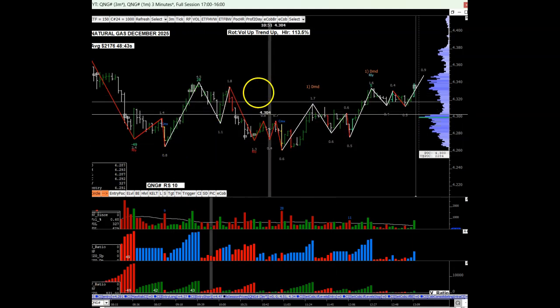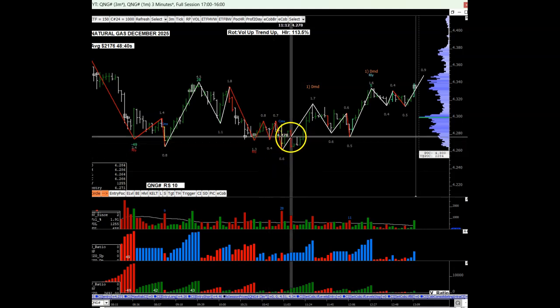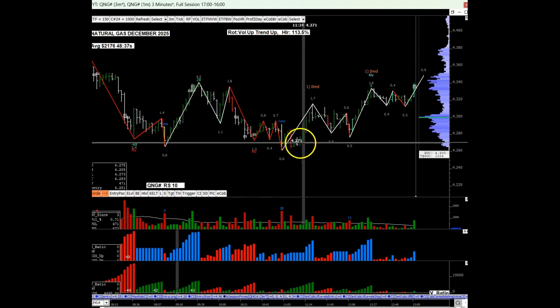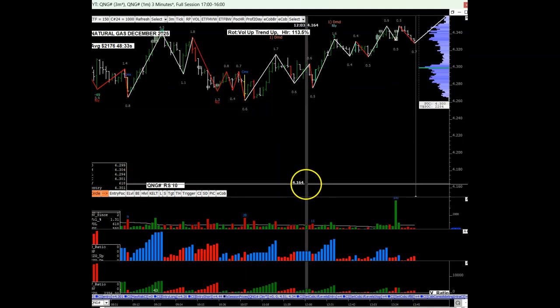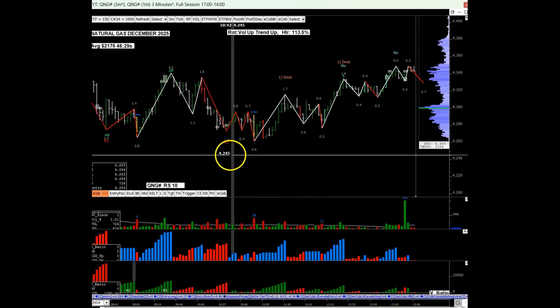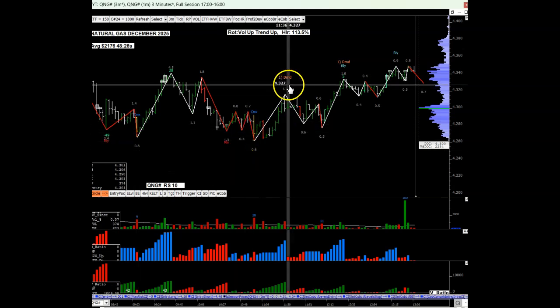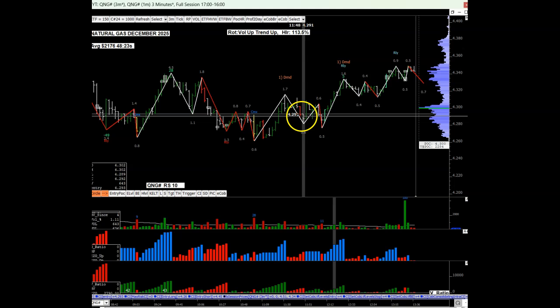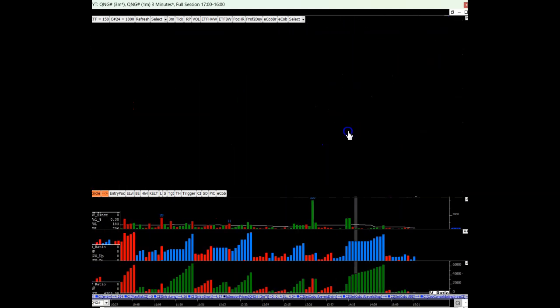The whole thing has to occur again once it takes out the low. Why? Because if it takes out this climax low, the chances of it going down increases. You don't want to get stopped twice, so it has to reprove itself, and then you can re-enter. All right, that's how you do it.